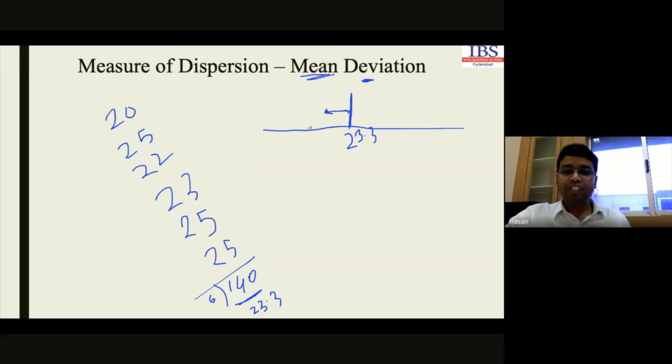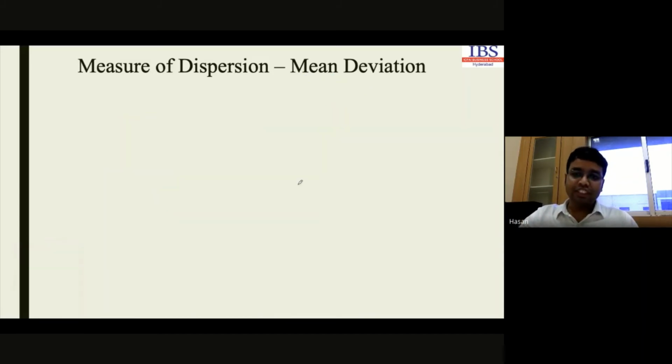Again, 25 is somewhere in this position, so we take the difference. In this way we take the deviations with respect to the mean. That's why it is called mean deviation.